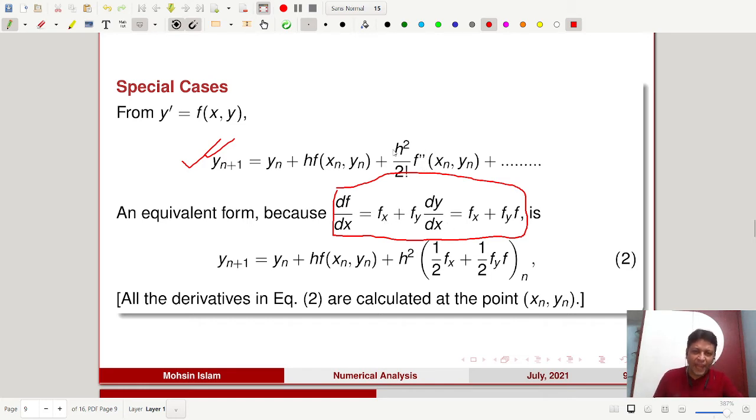So if you replace this value, then it will be in the equivalent form, equation 2. In this case, all the derivatives in equation 2 are calculated at the point xn, yn.